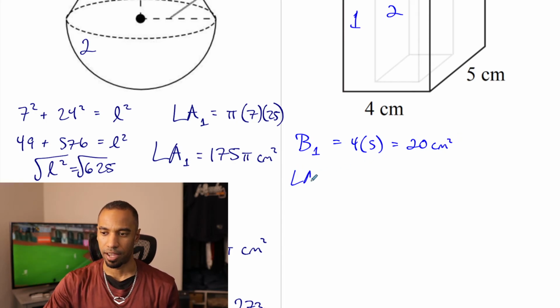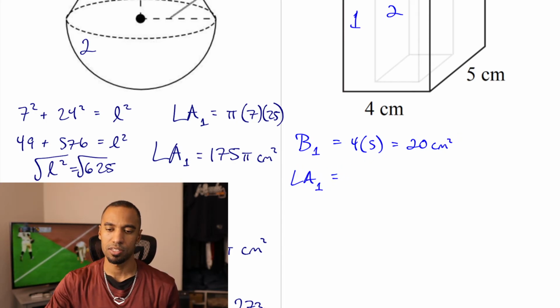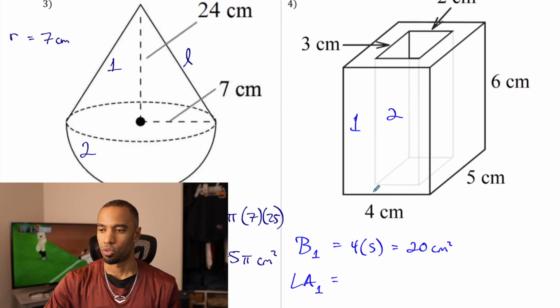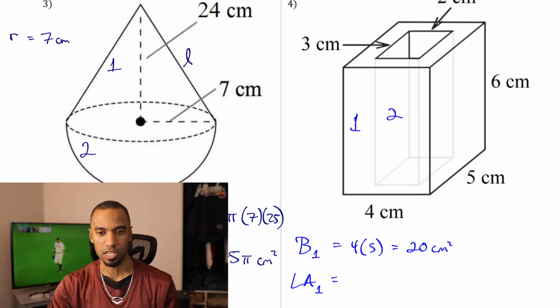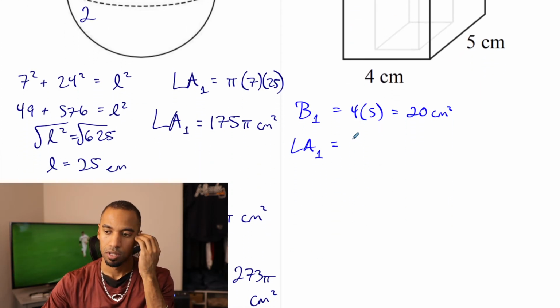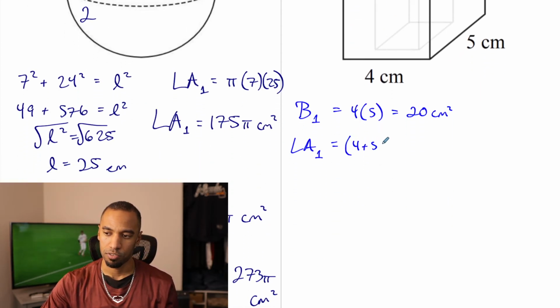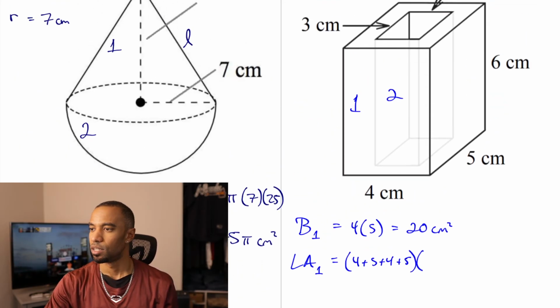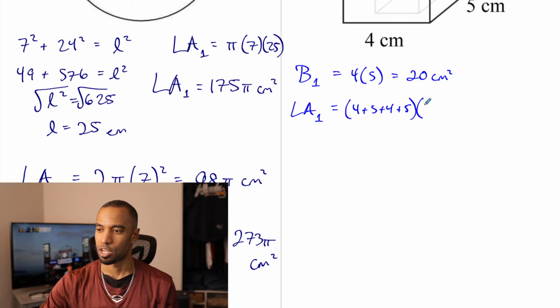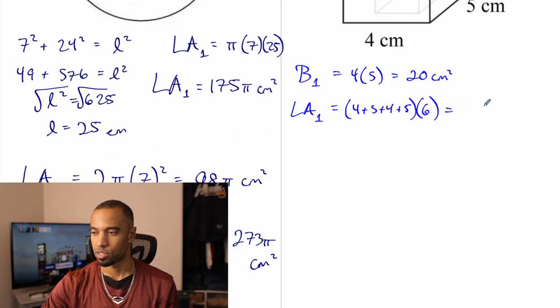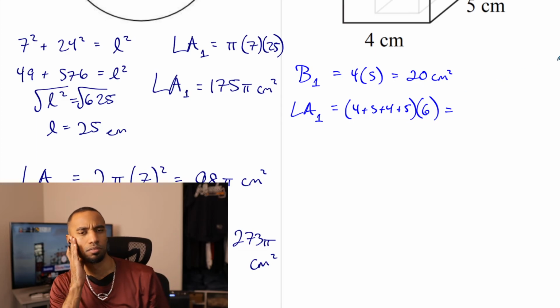The lateral area of the big guy is perimeter of base times height. So the perimeter of the base is 4 plus 5 plus 4 plus 5. You can't see the back sides, but please understand it's a rectangle. 4 plus 5 plus 4 plus 5 times the height, which is 6 centimeters. 4 plus 5 is 9, plus 4 is 13, plus 5 is 18. 18 times 6.